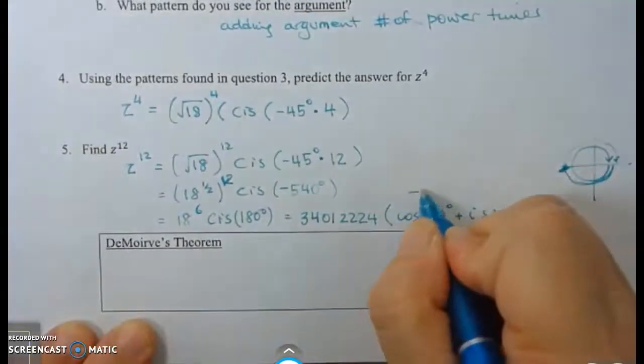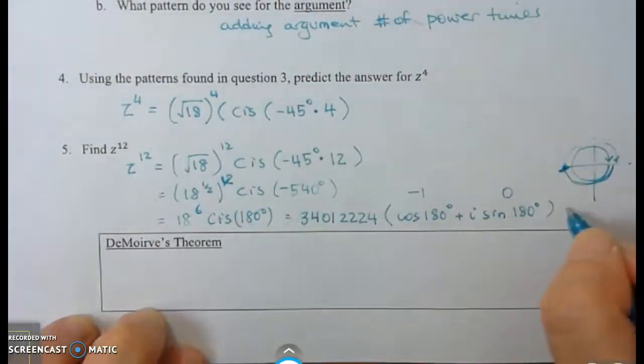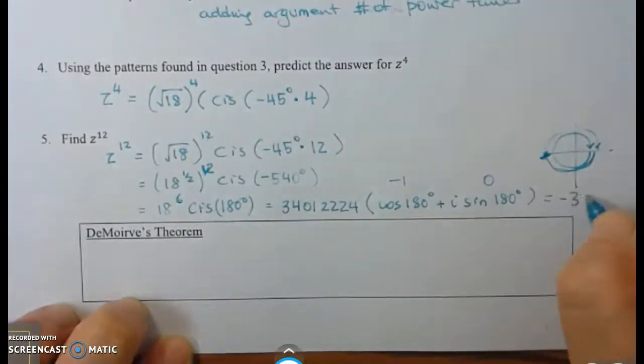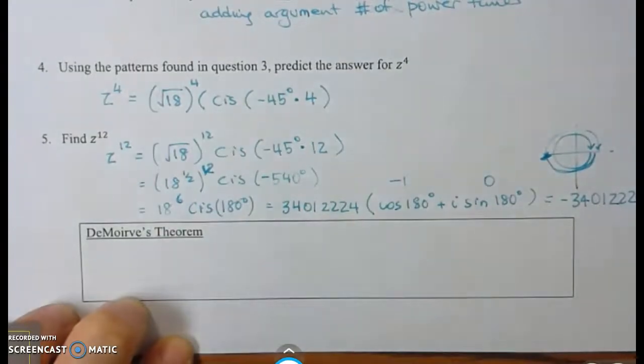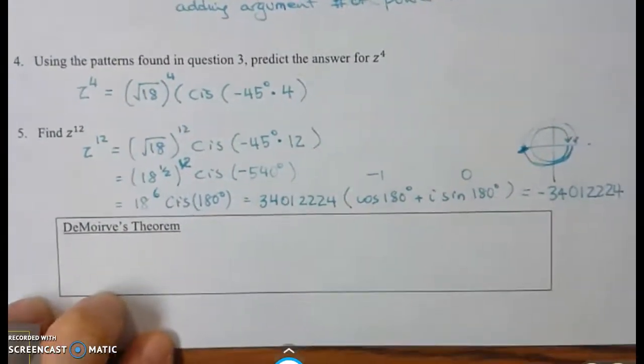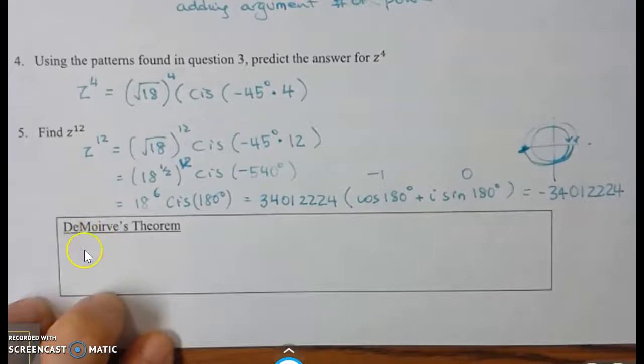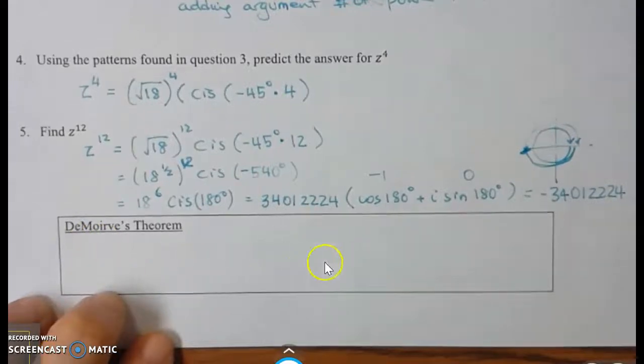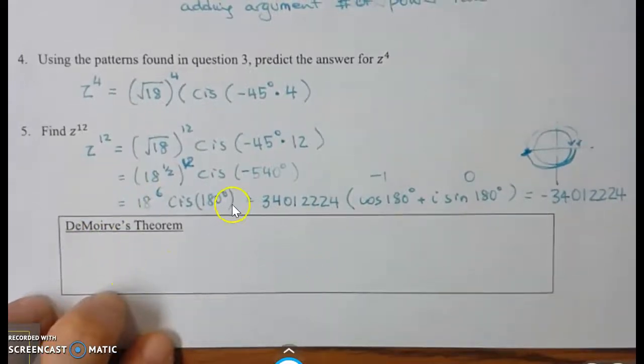And this is negative 1, and this is 0. So this just becomes negative 34012224. Okay? Alright, so then see if you can generalize what we've discovered in the theorem. Okay, so see if you can figure it out for the nth term.